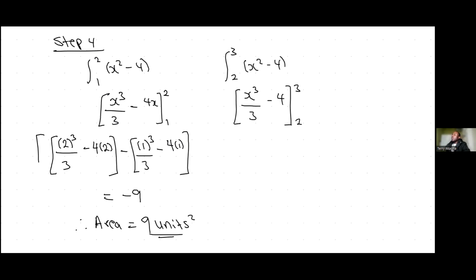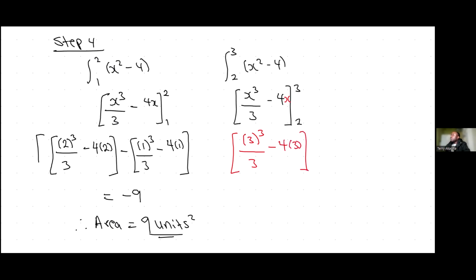Now we're going to go to the next one. So we're going to solve this one. The same thing, we're going to substitute the upper limit, which is 3 cubed over 3, and there's an x here, I forgot to write, minus 4 into bracket 3.